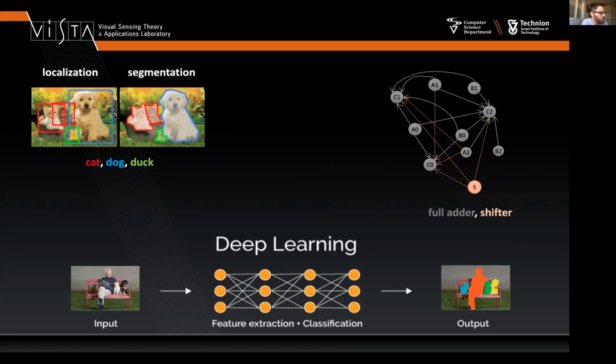So, for example, there's this problem of localization and segmentation in image processing. Localization means that you're putting some bounding box around objects in the image, and segmentation means that you're actually looking for the pixel values. You're trying to segment it as close as possible to the boundaries of the object, and you try to classify these objects based on some library of known objects.